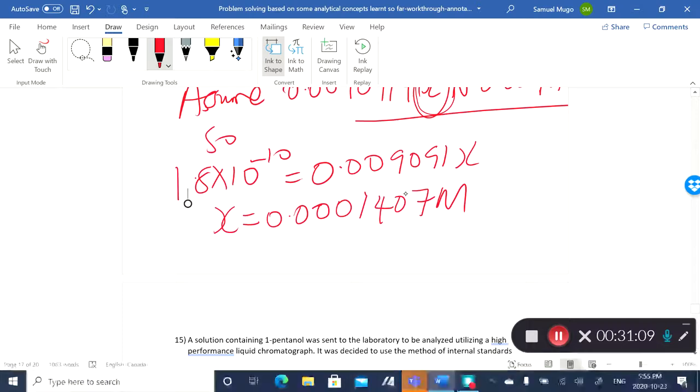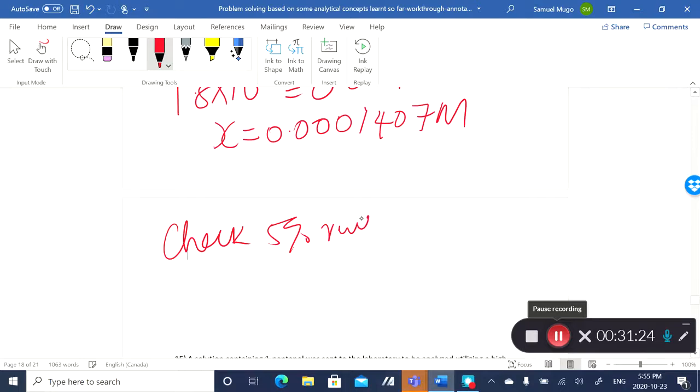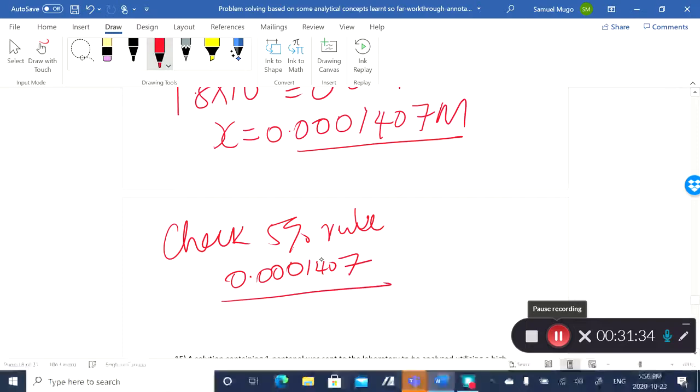And remember, you always have to check the 5% rule. So check if we should have made that approximation, the 5% rule. Which means my number here, 0.001407, divided by the formal concentration.